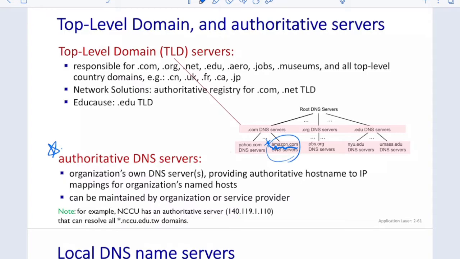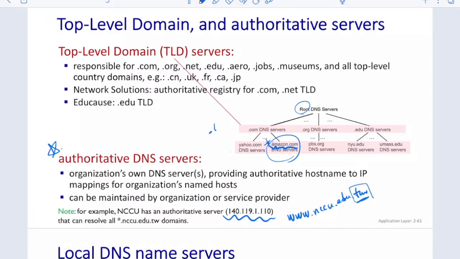For example, in NCCU we do have an authoritative name server in the computer center, and its IP address is right here. So everyone who wants to contact www.nccu.edu.tw first has to ask the root DNS server where to find .tw.